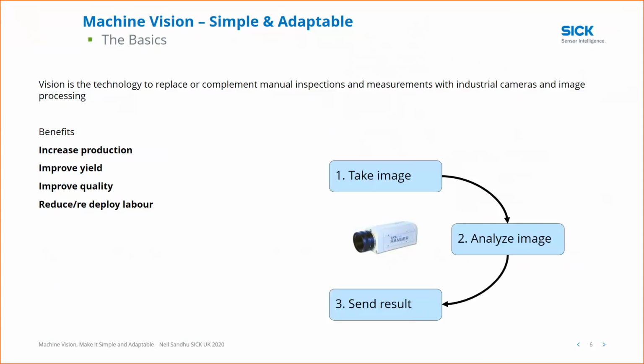We then send that result out, be it something good, something bad, or something that has been measured, some data, and then action is taken, be it data sent out for reporting processes or even alerts for reject mechanisms if it's a component that needs to be removed from the production process. And then we just go back to the start and wait for the next object to be taken to start it all over again.